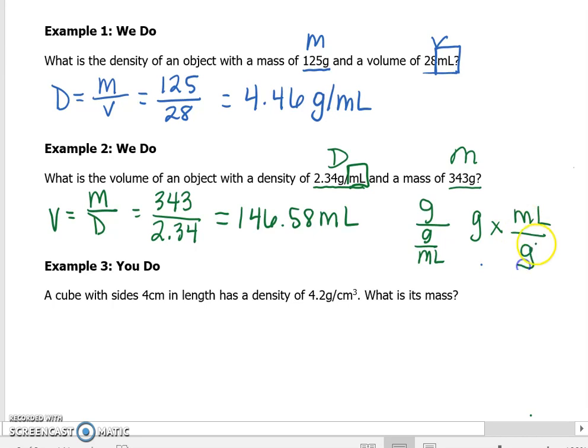So here we would have like grams, and we could put that over 1, right, to make it a fraction. And so what you can see happens is my grams cancel my grams, and I end up with a unit of milliliters over 1, which is really just milliliters. And so that's how my units end up working out in this problem.